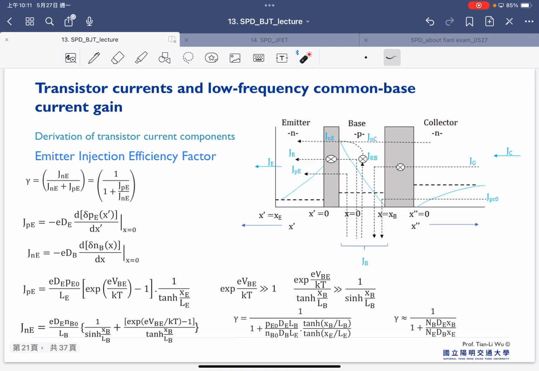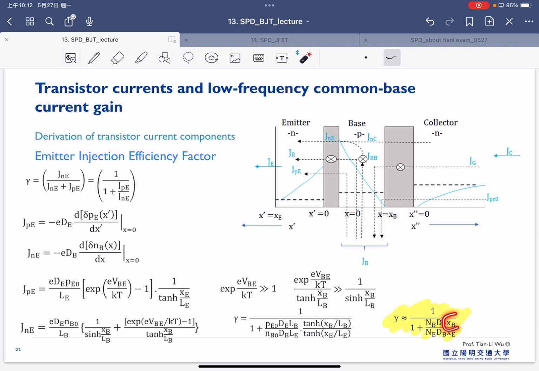Okay, for the rest of it, just a little bit more about the equation calculation. Here we won't go into the detail. Basically you just put in all of the equations we have known and apply several boundary conditions. In the end, the most important thing is that we can estimate the emitter injection efficiency factor for different doping and different widths.